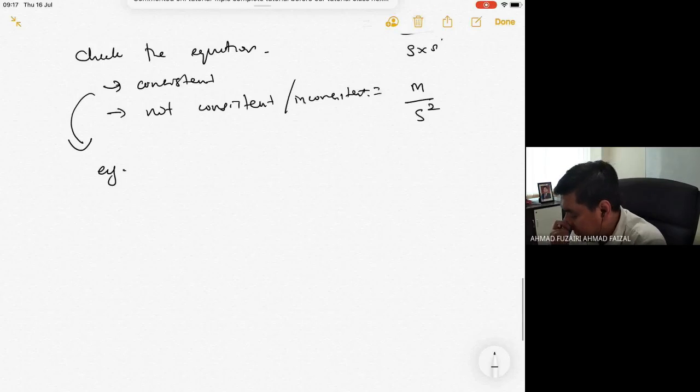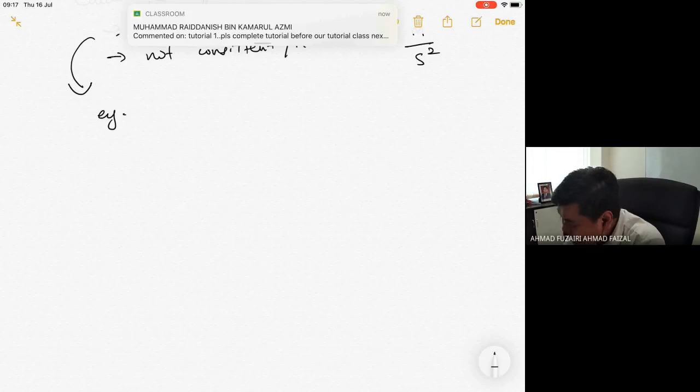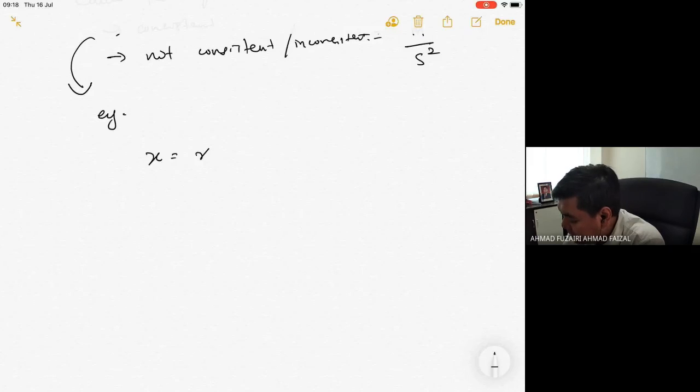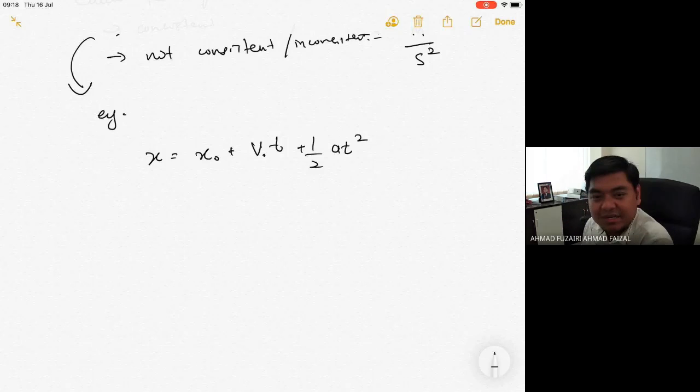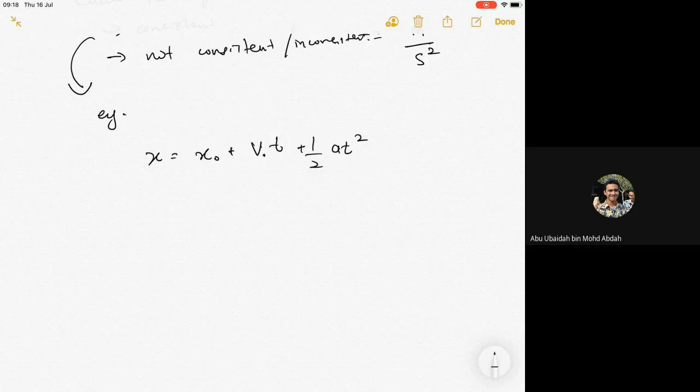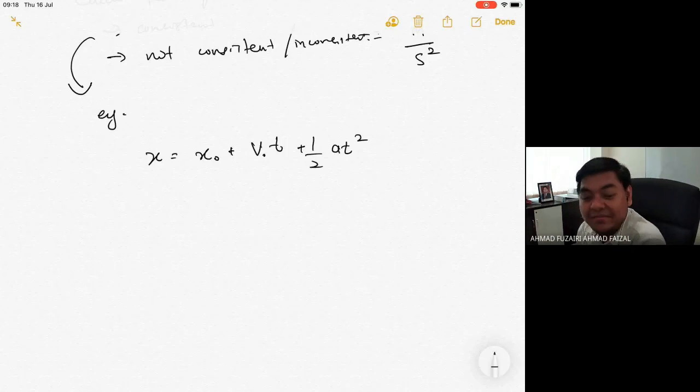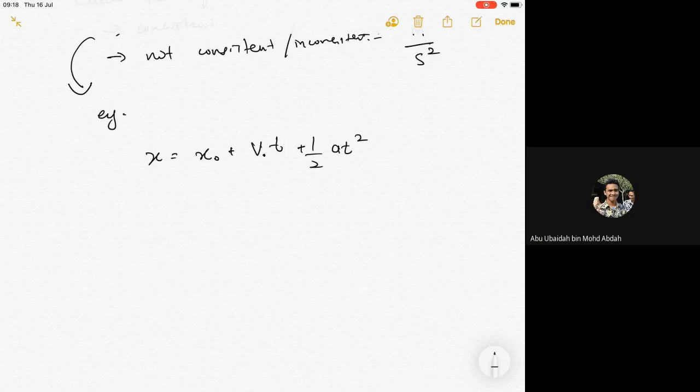I'm using Dr. Equals Me example, which is x equivalent to x naught plus v naught t plus half a t squared. Pernah tengok ke equation ni? Pernah. Kat video. Okay, apart from video, from your school days.